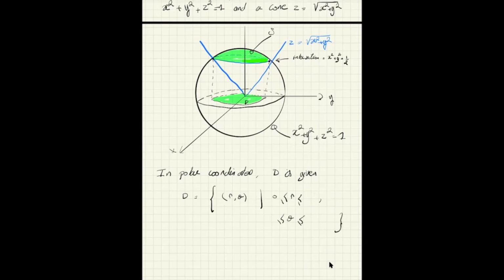So the radius is r equal to 1 over square root of 2. And then theta is allowed to vary freely inside the disk, so it's between 0 and 2 pi, right?